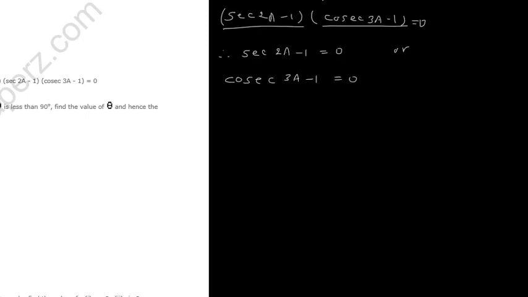Okay, so therefore I will say that sec 2a is equal to 1, or cosec 3a is equal to 1. Therefore I will reciprocate it, so I will say that cos 2a is equal to 1, or sin 3a is equal to 1.